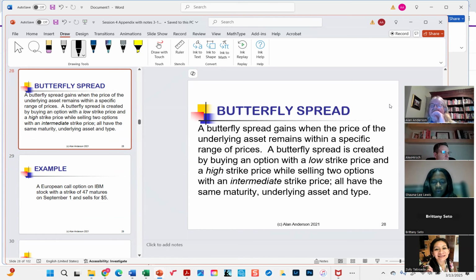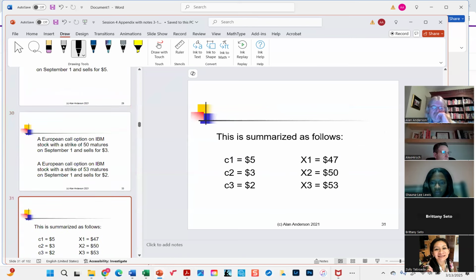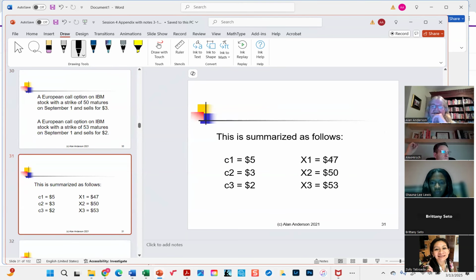What's happening with the butterfly spread is that we're introducing a third option. So in other words, we've got a 47 strike call on IBM, which sells for $5. We have a 50 strike, which we saw earlier, for $3. And a 53, which again we saw earlier. And now here's what's going to happen.